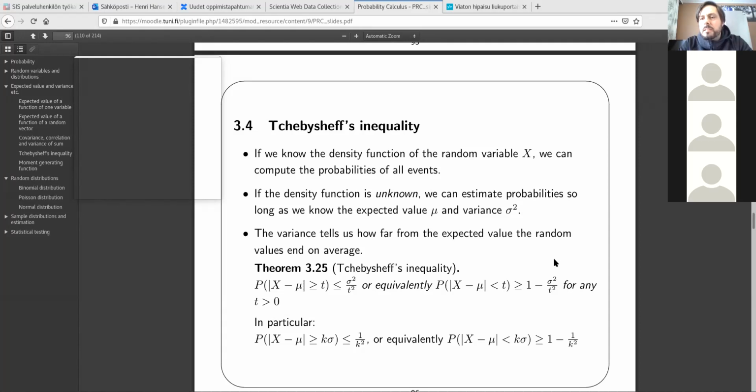If we know its density function, we can compute the probability of any event. When we say that some variable has a known distribution, then we can do any calculation of its probability for any sort of event. The situation is different, however, if we don't know the density function.